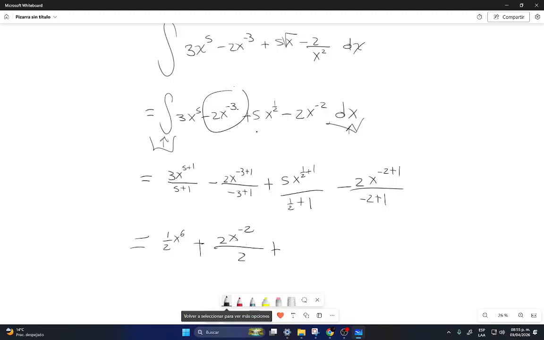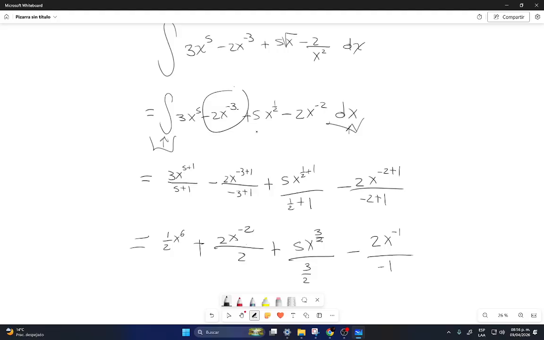Plus 5x to the power 1/2 plus 1, which is 3/2, over 3/2, minus 2x to the power minus 1, over minus 1.